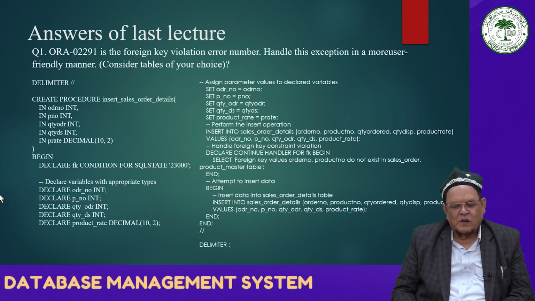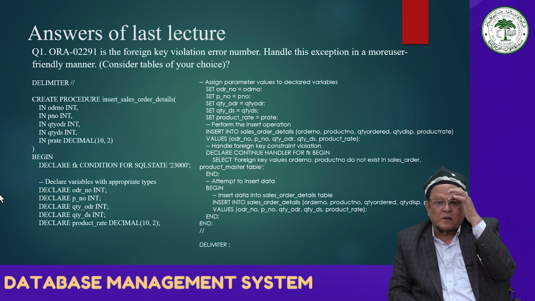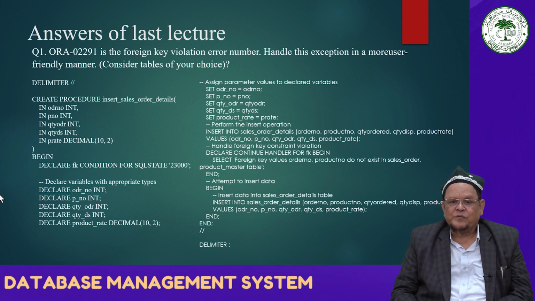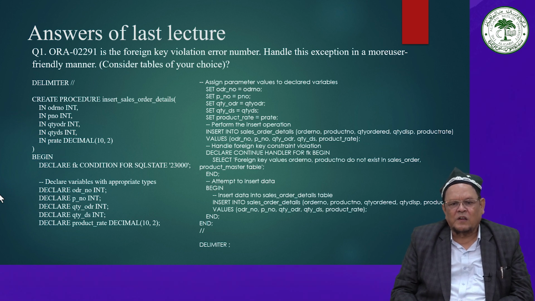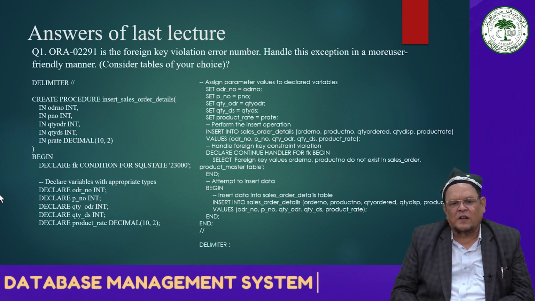Then you have to handle the foreign key constraint violation. It means you have to write declare continue handler for foreign key, begin, select that the foreign key values order number and product number do not exist in sales order or product master table, and attempt to insert the values. Begin, insert a value in the sales order detail table.